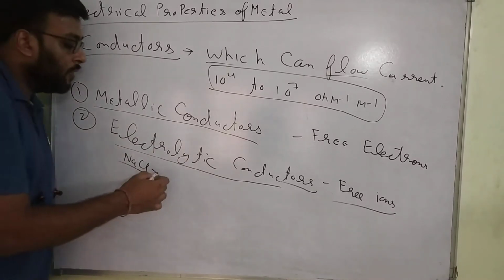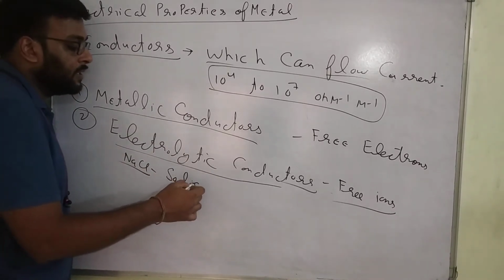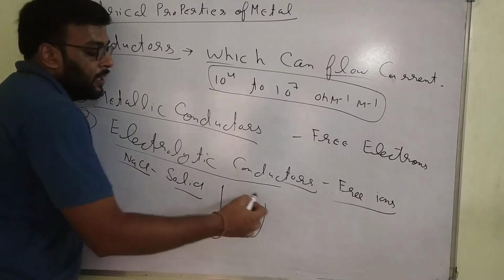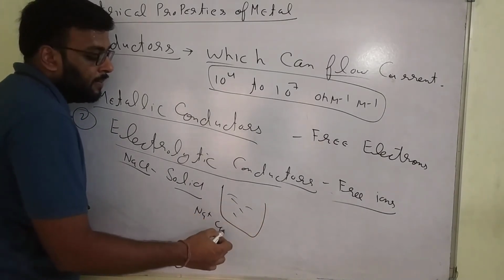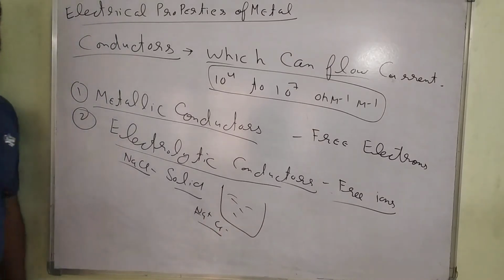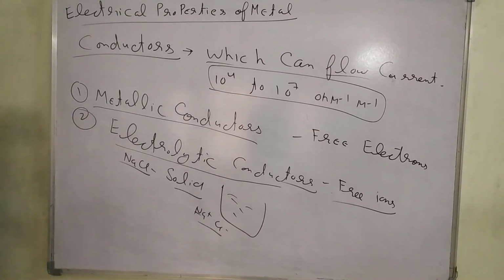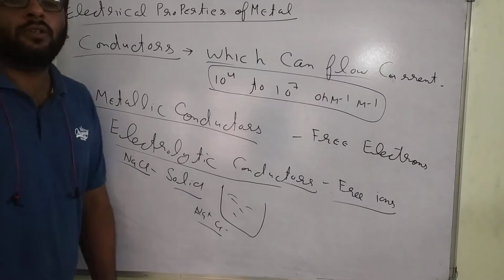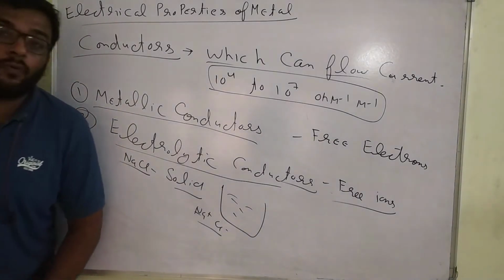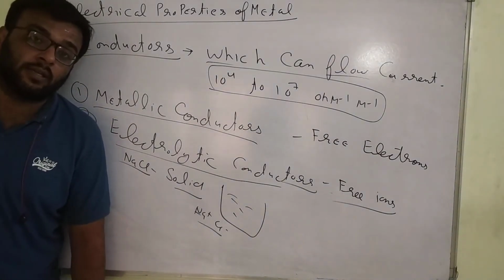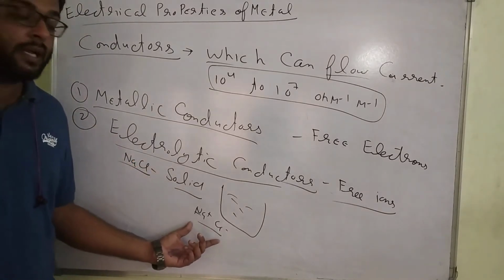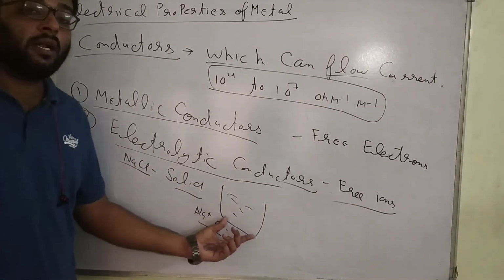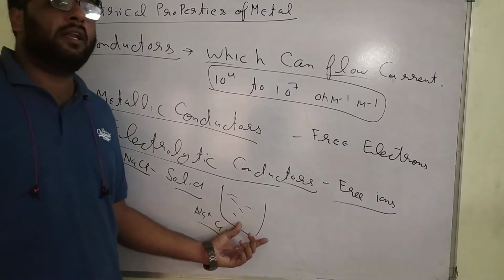NaCl in solid form does not conduct electricity, but when it is dissolved in aqueous solution, it gives Na plus and Cl minus ions. Now they are free and they move, carrying the flow of current and electricity. In the ion form, they conduct electricity.